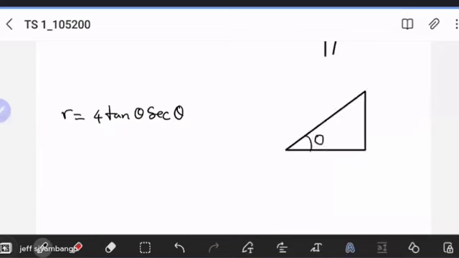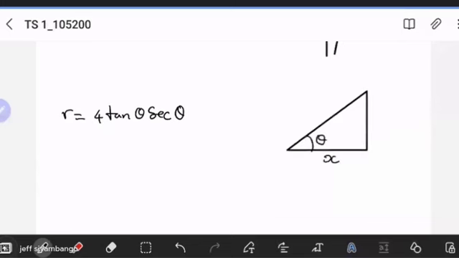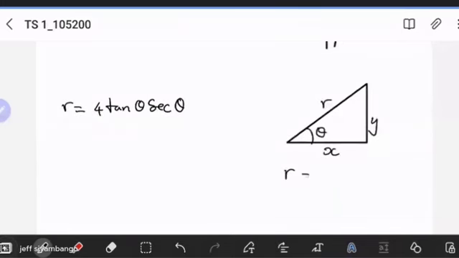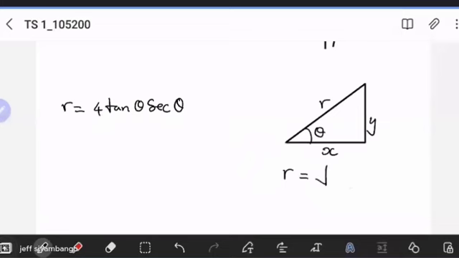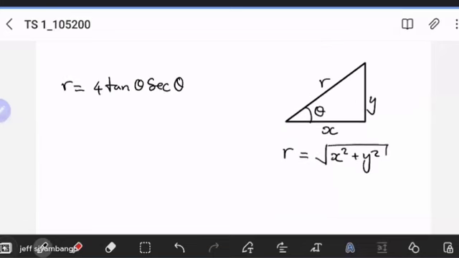For this being theta, x being here, y being here, r being here, just like we saw before, r squared is equal to x squared plus y squared. And then apart from this, you have x equals r cos theta, and y equals r sine theta.